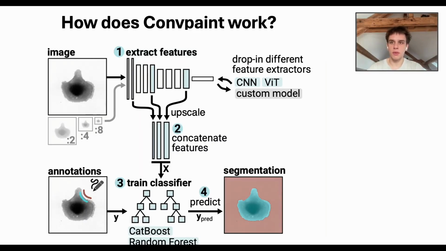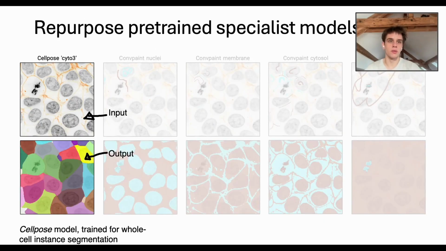To give you an example of how this works, you can repurpose basically pre-trained networks. So for example, Cellpose is a really nice neural network to predict cell masks. Here you can see the base Cellpose model that predicts cell shapes, instance masks from an input image.